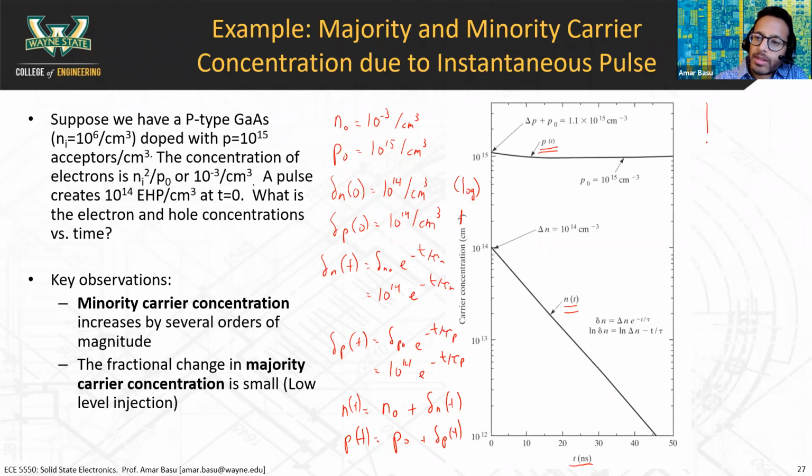Now, if we were to draw, let's say, the electron concentration versus time, an inverse exponential function looks like this on a linear plot. But in a log plot, exponentials look like straight lines. Okay.